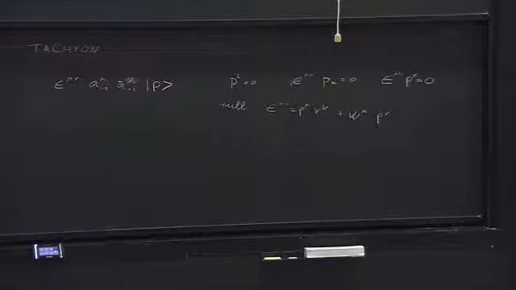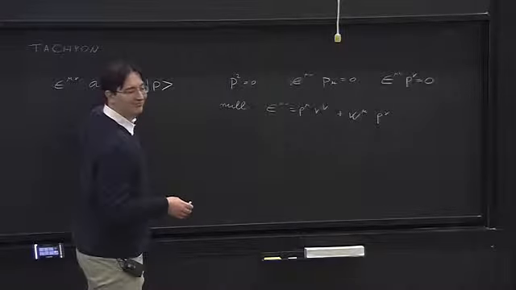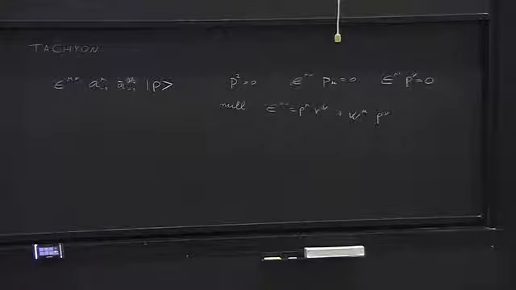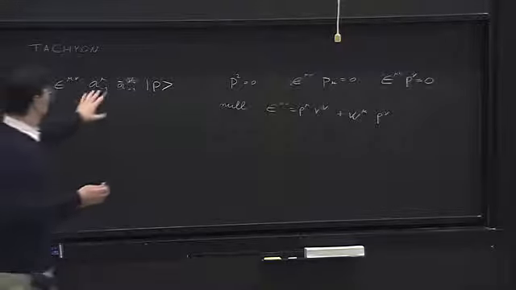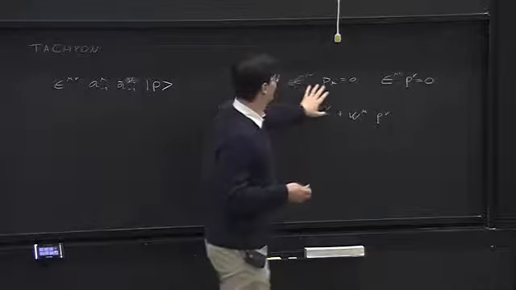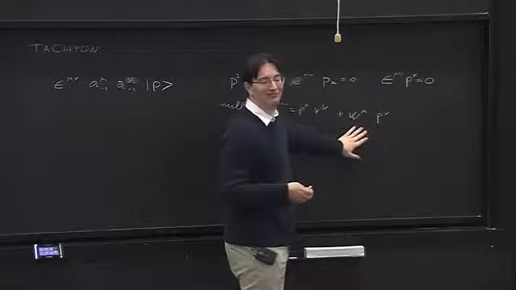So the string states I get at level 1 are actually objects which carry two indices, two spacetime indices. So let's try to see which sort of field this is, which sort of particle this is. Something of spin 2, massless, transverse, and it has a gauge symmetry.